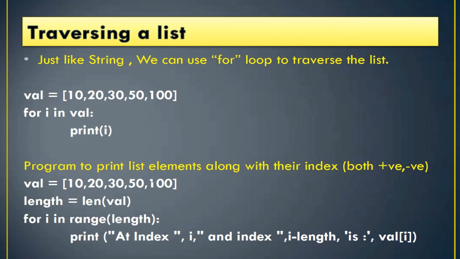It will display the index in positive form, like 0 1 to 4, and the minus 1 format also will be displayed. Here also the loop will run and it will print i, it will display all the values, and when the values are completed it will stop and come out of the loop.